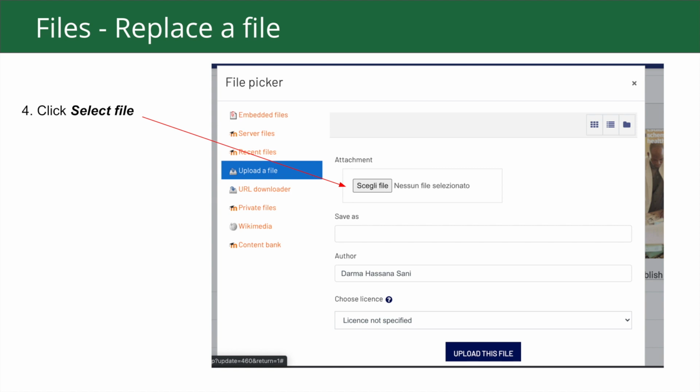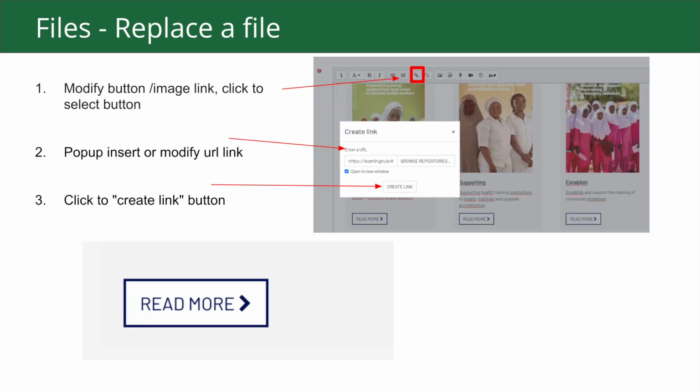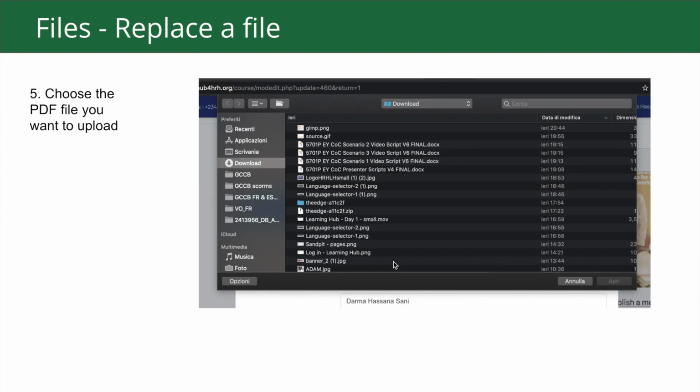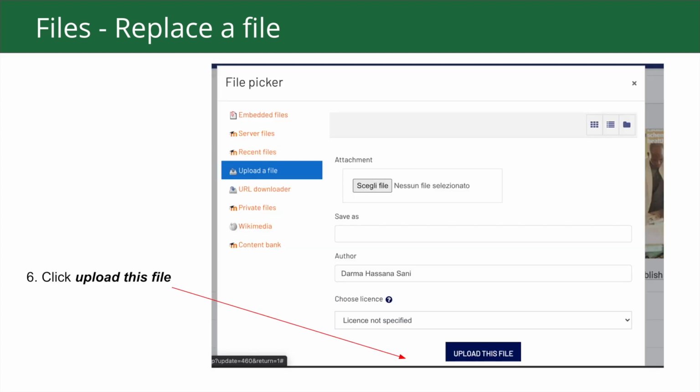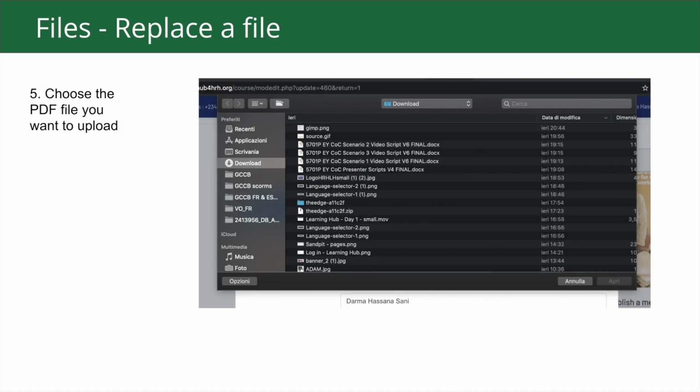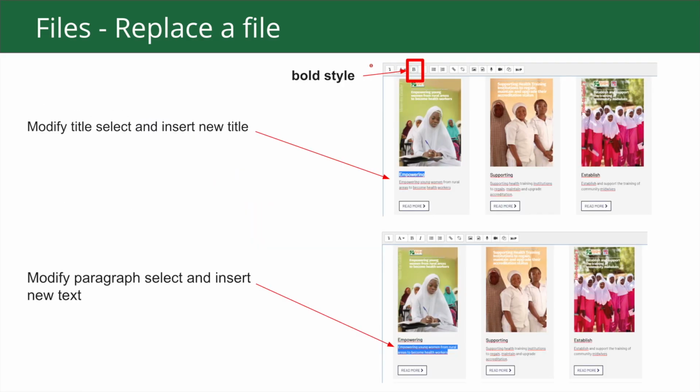So if you want to upload a new PDF, you select browse repositories, and then this pop-up appears. You select a file from your desktop, and once the file is uploaded, you just click upload this file. So we've just seen how to replace a PDF in one of these cards.